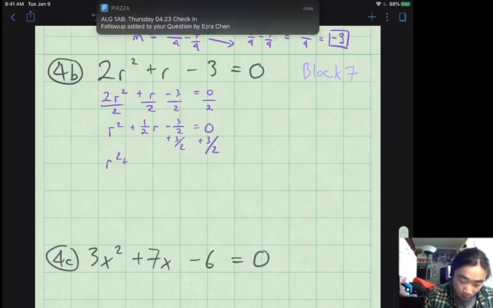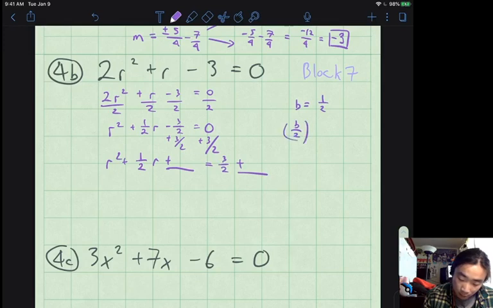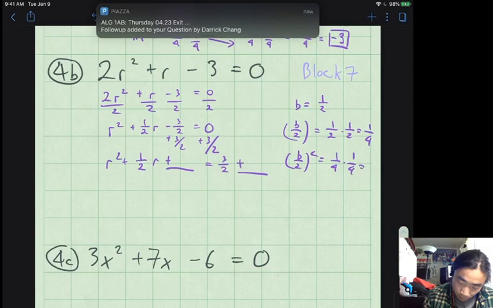R squared plus 1/2 r plus something equals positive 3/2 plus something. B here is now 1/2. B over 2 is 1/4. B over 2 squared equals 1/4 times 1/4, 1/16.